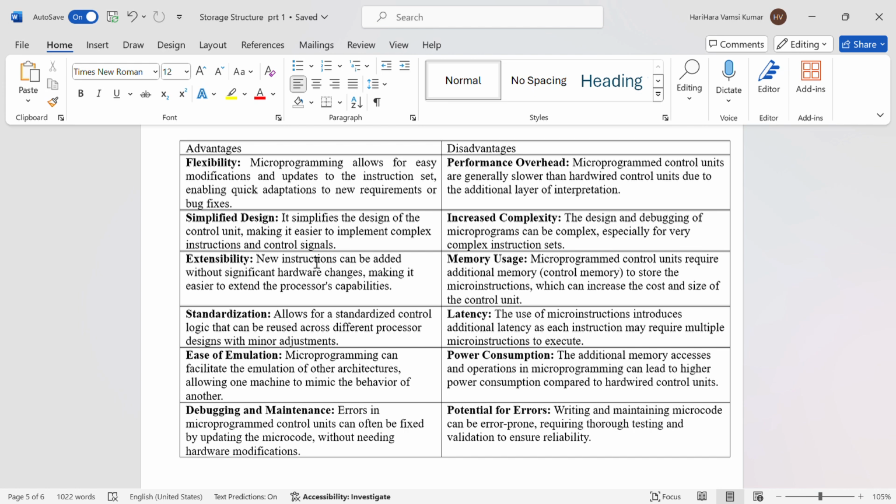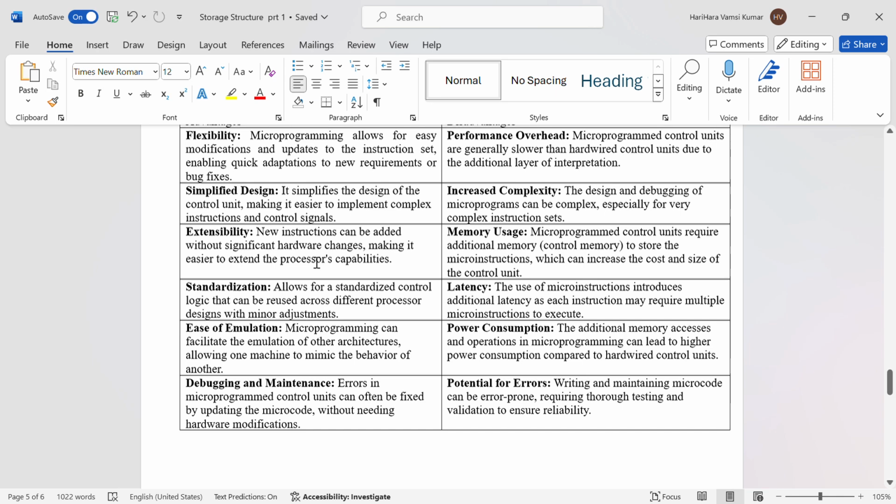Simplified design: it simplifies the design of the control unit, making it easier to implement complex instructions and control signals. Extensibility: new instructions can be added without significant hardware changes, making it easier to extend processor capabilities. Standardization: allows for standardized control logic that can be reused across different processor designs with minor adjustments.